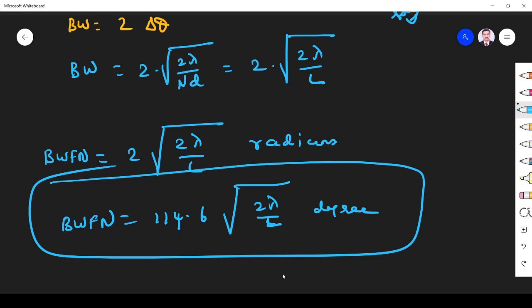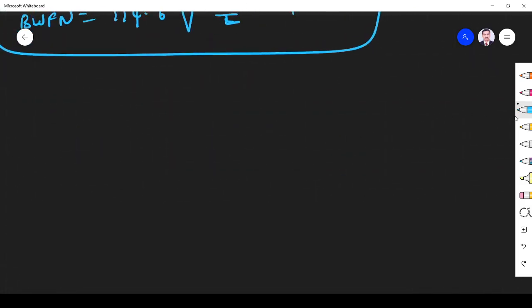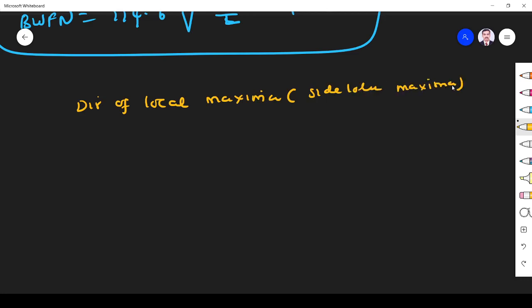Now we find the direction of local maxima or side lobe maxima. We know the main lobe occurs at theta equal to 0 degree. Where do the side lobes occur?